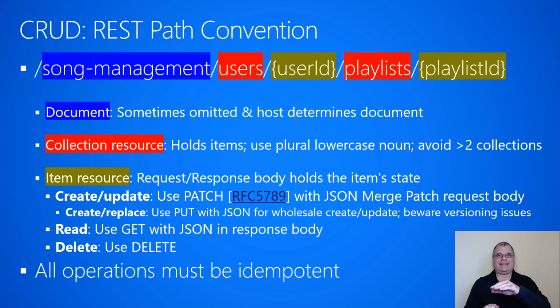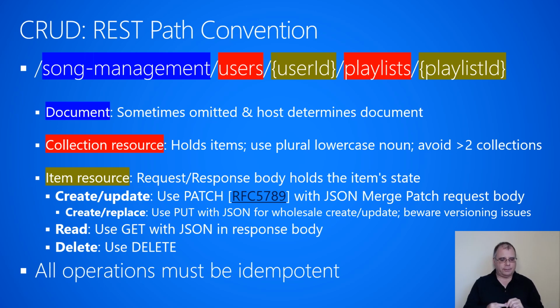Or it's a playlists collection, and then within the playlist, there might be playlist IDs for each of the individual playlists that a user might have. So users and playlists are 2 collections, and they're in a hierarchy. So you go to the users collection to talk about a specific user identified by an ID. Then for that user, the playlist collection, and then under that, a playlist ID to indicate a particular playlist for that particular user.